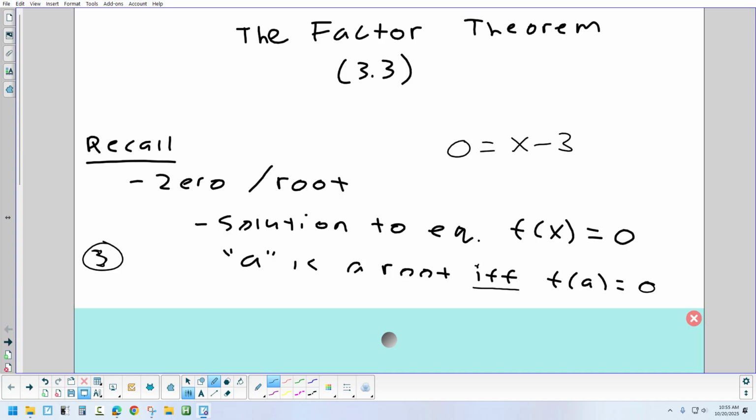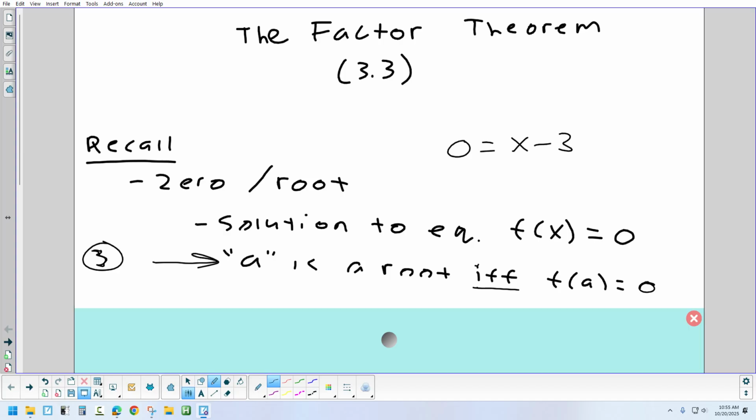If you can plug a number in and it comes out to 0, then that number is a root. So this is what we call an if-then statement. And because they use this phrase, you can read it forwards and backwards, and it's true both ways. If a number is a root, then you can plug it in and get 0. If you can plug it in and get 0, then it's a root.